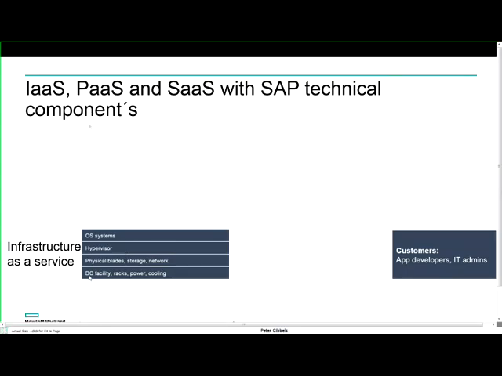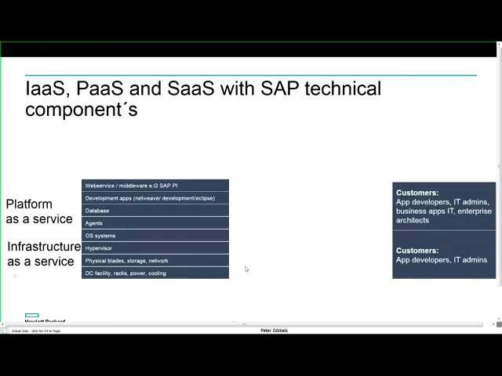Typically on that level, the customers are application developers or IT administrators who would then, based on an automated deployment of the infrastructure as a service layer, do their application installation manually. If you want to also automatically install this layer, we talk about the platform as a service, and that means we fully automatically would deploy SAP applications.